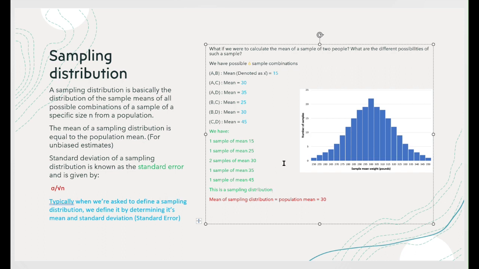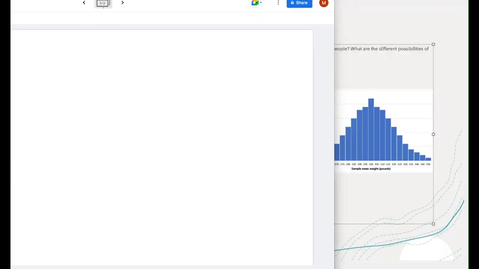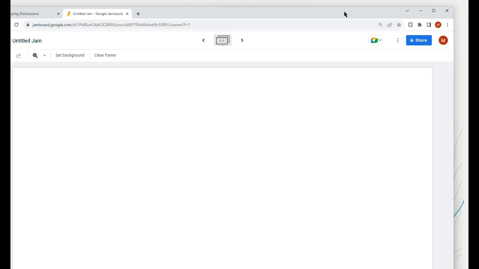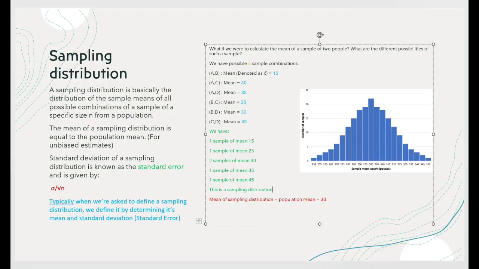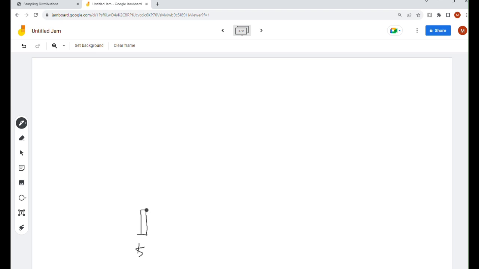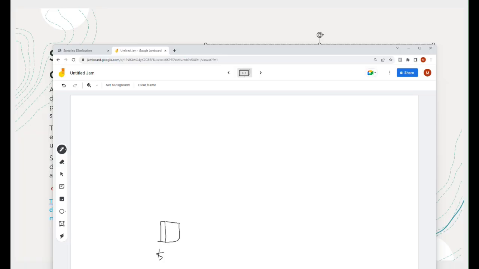Similarly, maybe I can just draw it out for you here. We have one sample with mean 15, and for 25, we have another sample. So don't mind the different sizes.